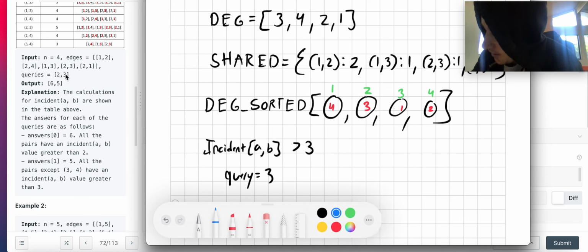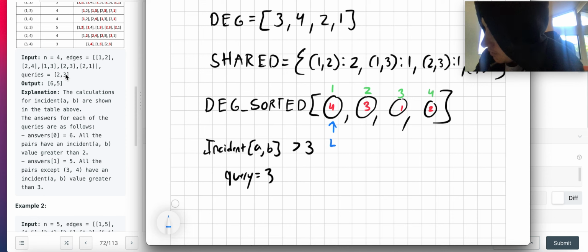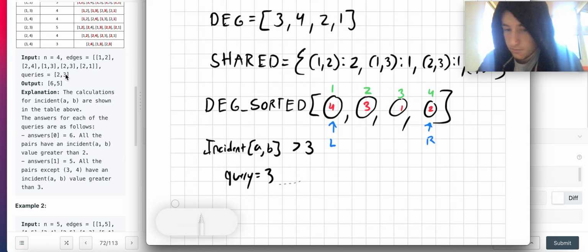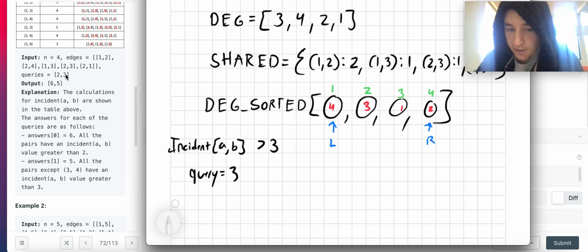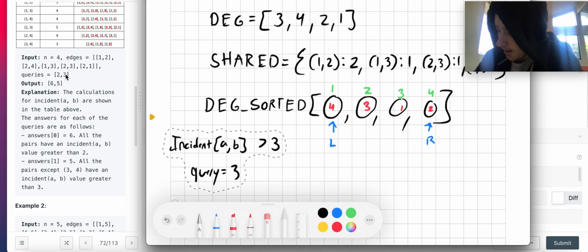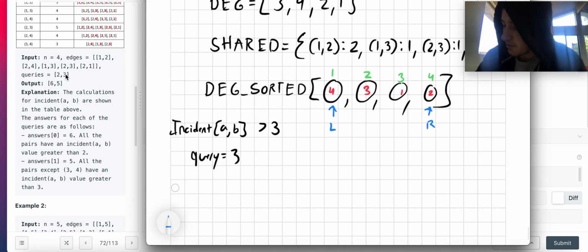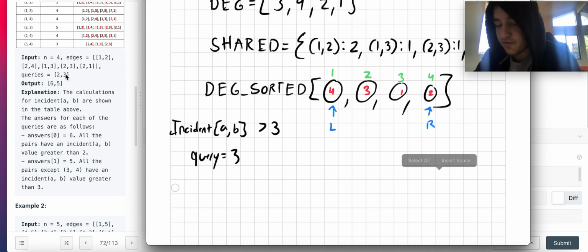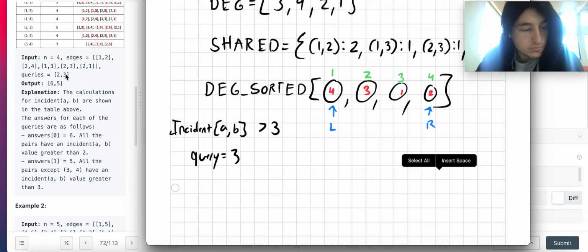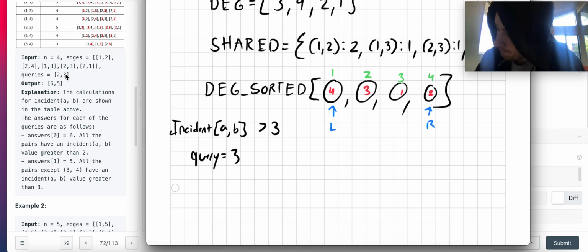Well, if we were looking at this value and this value, so we had 2 pointers, L and R, and the incident value of this thing, right, is 4 plus 1 is 5. Okay?